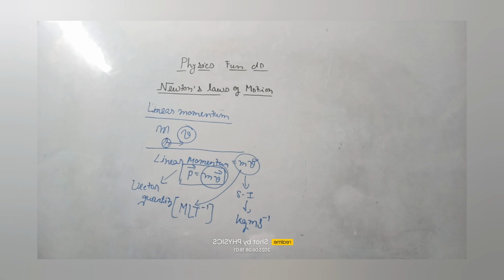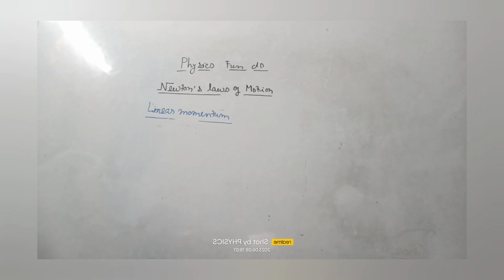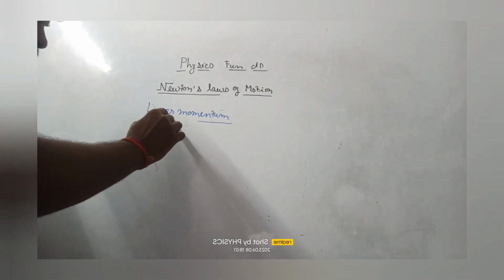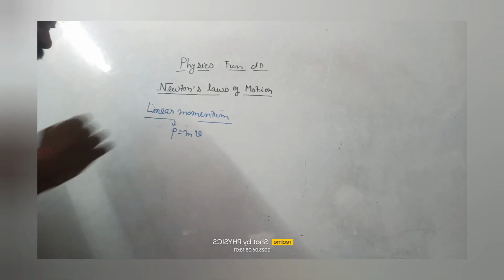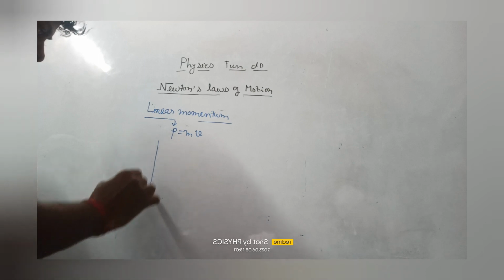Now here we have p, the linear momentum, equals m into v. We draw three graphs regarding this.